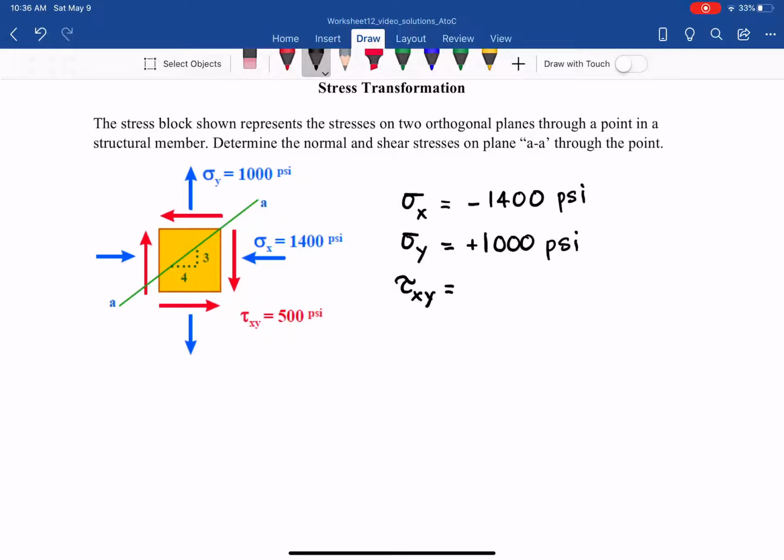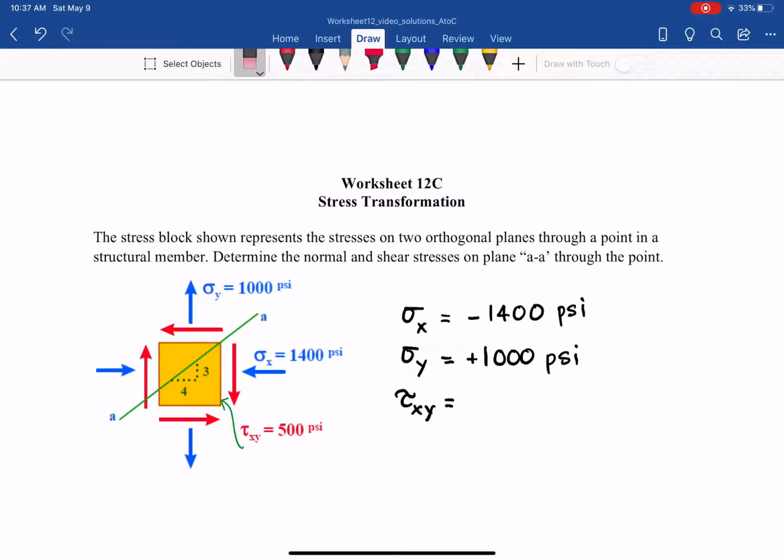Remember, the plane is denoted by the axis perpendicular to it, not parallel. So we only look at the positive x plane here. What is the tau behavior? Let's write down positive x plane.